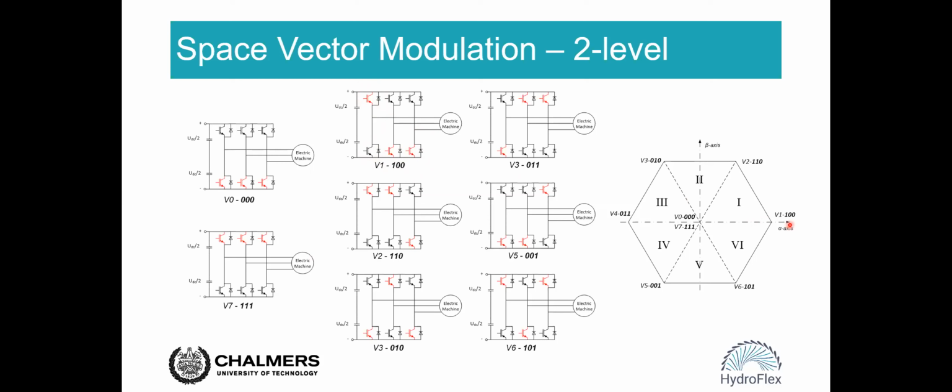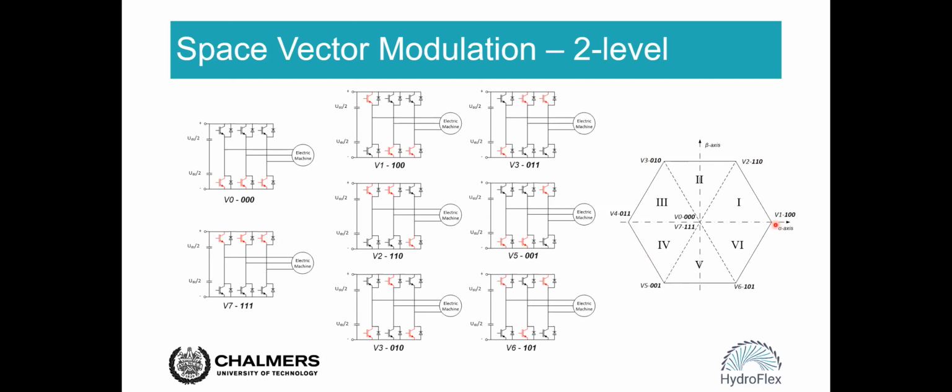Then again in the alpha beta plane, we can see V1 is here. For the other voltage vectors such as V2, V3, V4, V5, and V6, we can find different voltage vectors on this alpha beta plane, and they formulate this hexagon.